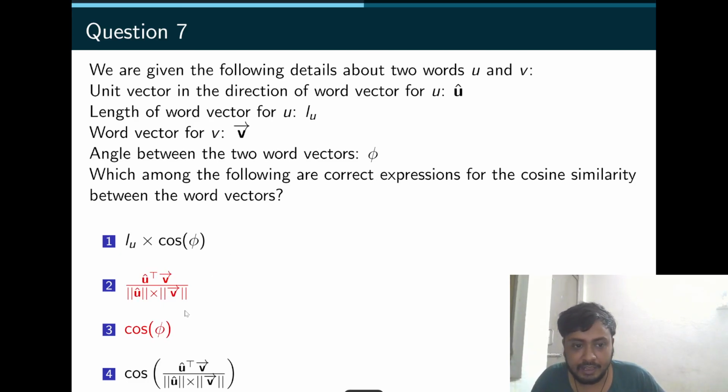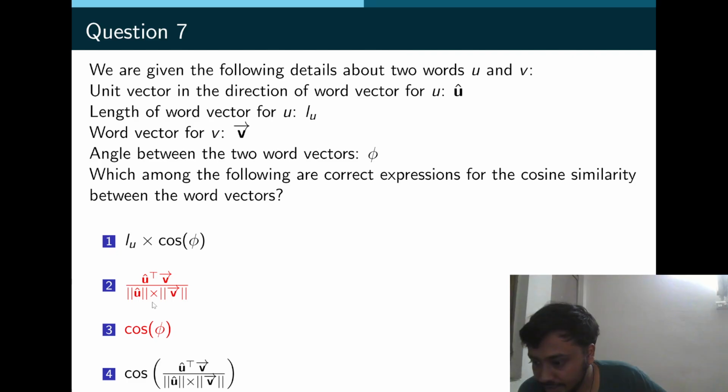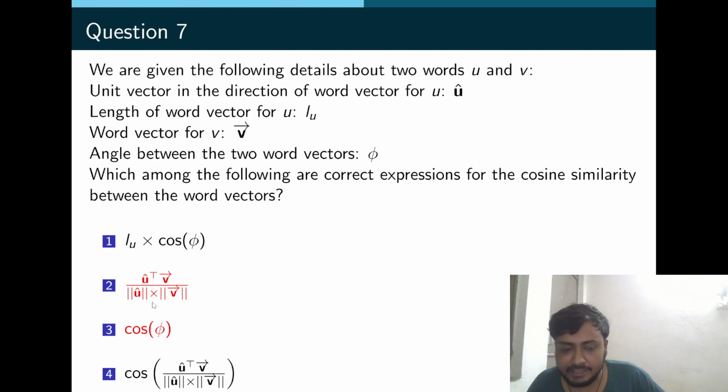Cosine similarity: you have two word vectors, W1 and W2. We get the cosine similarity using this formula.